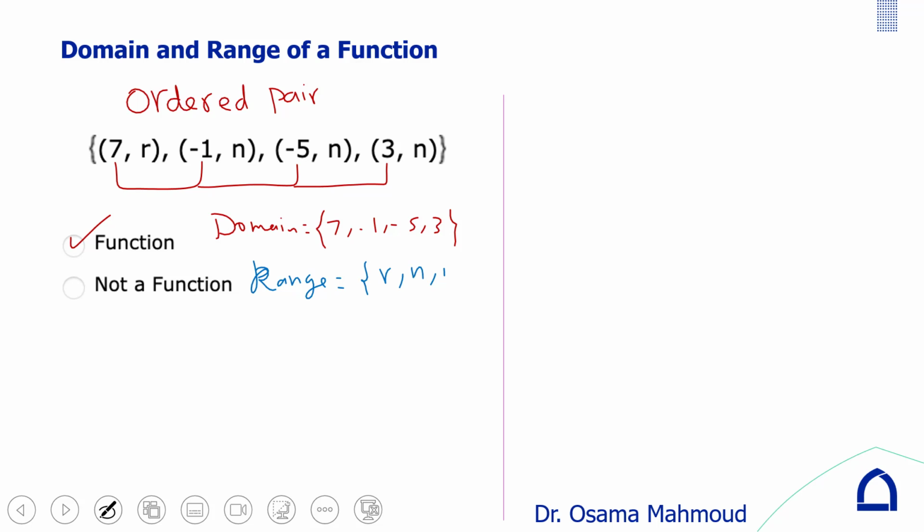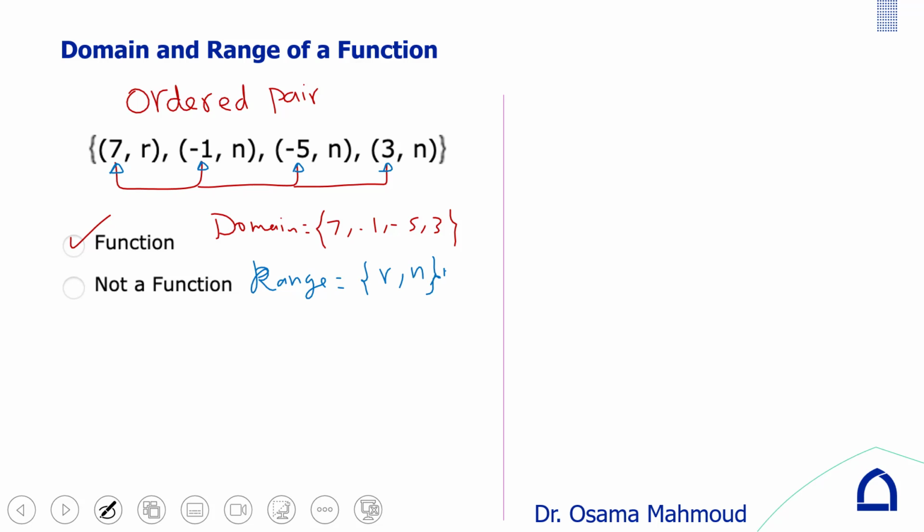So in the set there is no repetition, so we write it only once. So finish. Okay. So we don't care about the repetition in the y coordinate. We care about the repetition in the x coordinate, which is the domain, right?